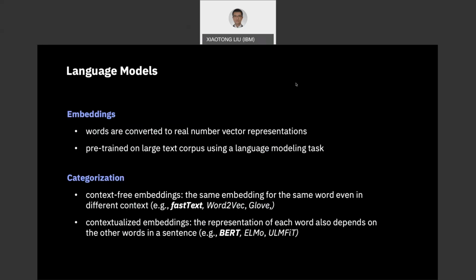Deep pre-trained language models such as BERT, ELMo, and ULMFiT can generate contextualized embeddings, where the representation of a word also depends on the other words in a sequence, that is, the context of the word. For the scope of this work, we select one representative embedding from each type: fastText for context-free embeddings and BERT for contextualized embeddings.